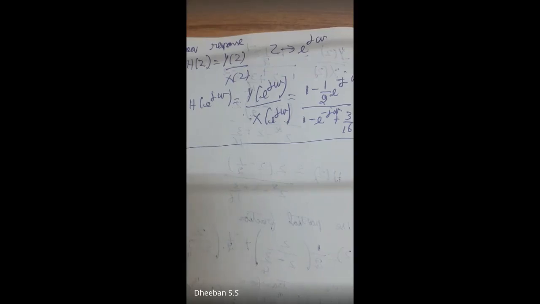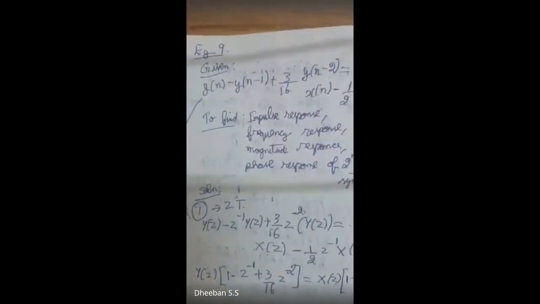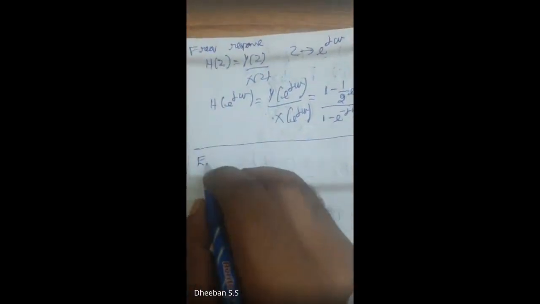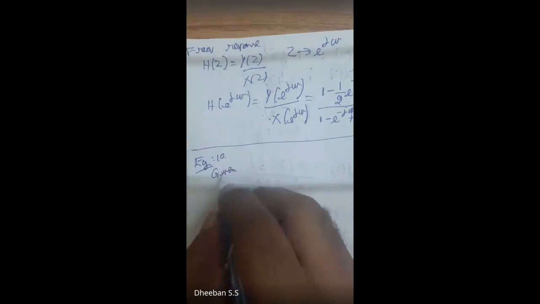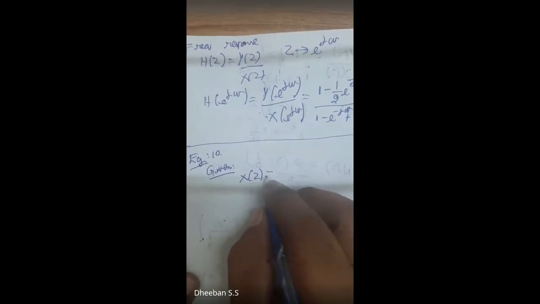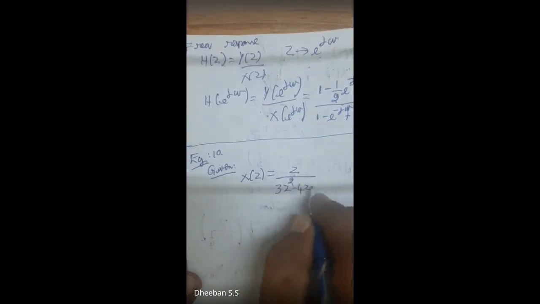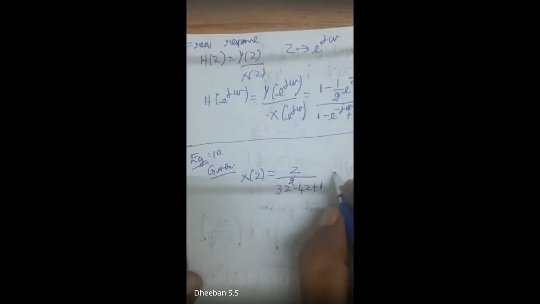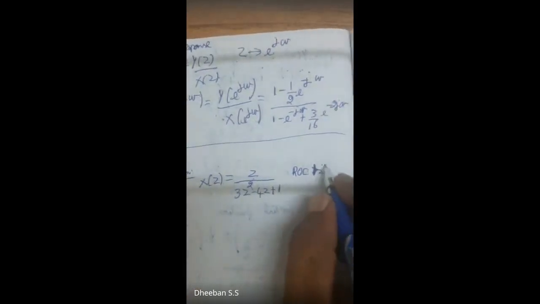We're dealing with another problem. Given, it is example number 10. Given the input Z transform X of z equal to z by 3z square minus 4z plus 1, the ROC is given as greater than 1.